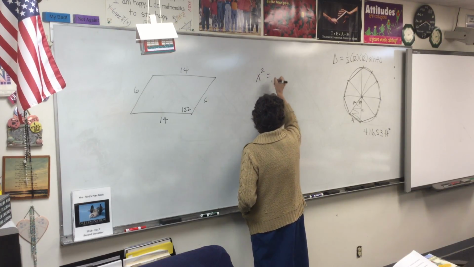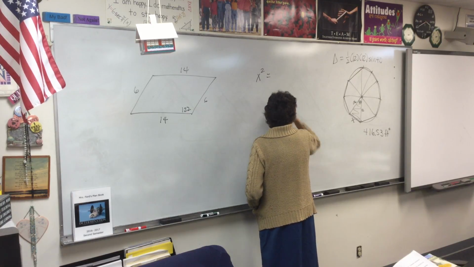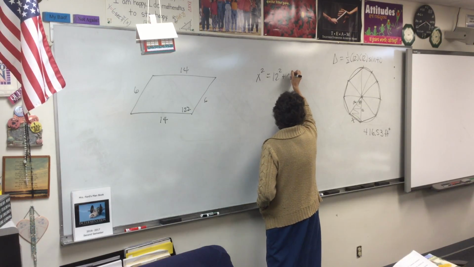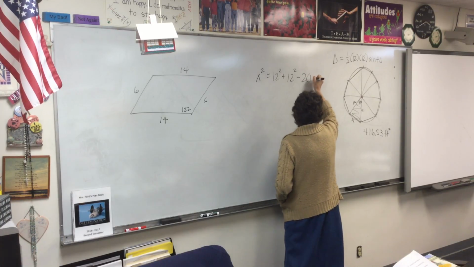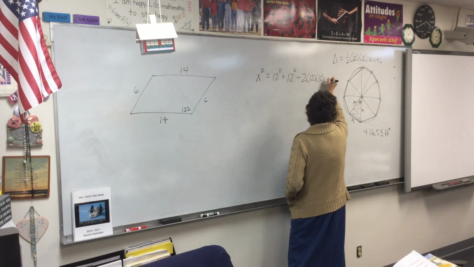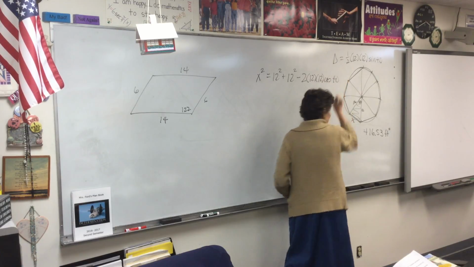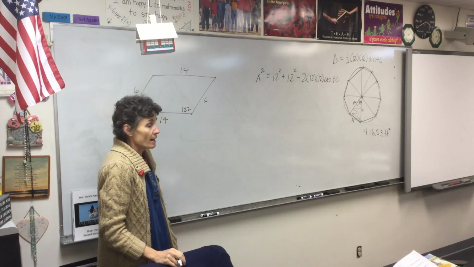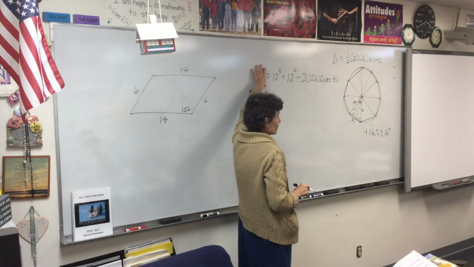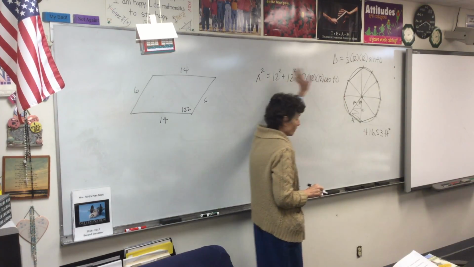X squared equals 12 squared plus 12 squared minus 2 times 12 times 12 times cosine 40. And those are the ones, when the variable's over here by itself, you can just type all that in.